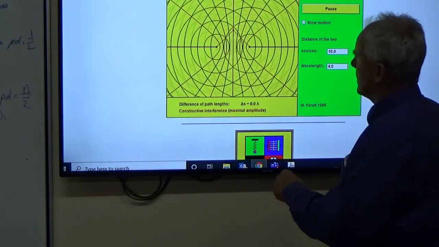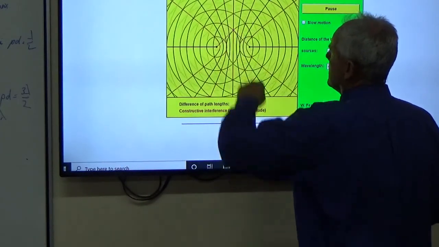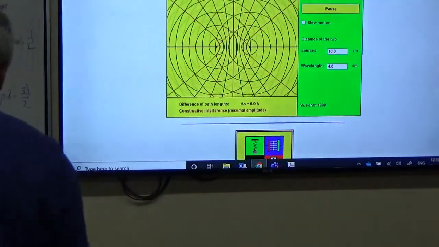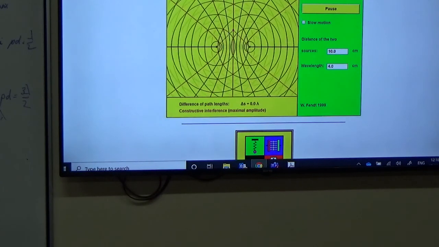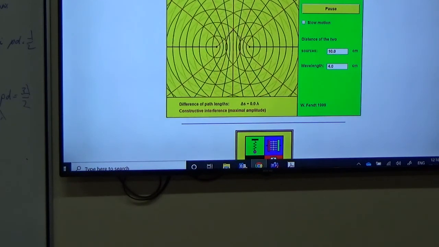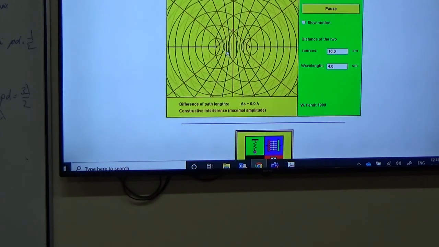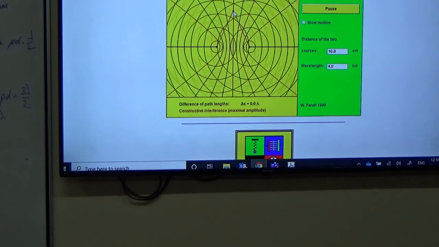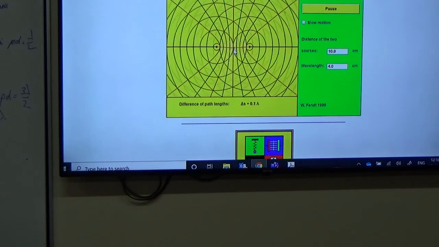Okay. If I move that point anywhere along there, then I find that the path difference, of course, is 0. So by moving that point anywhere along the central line, the path difference is 0.